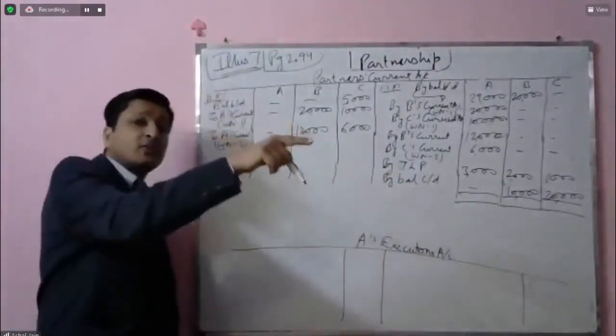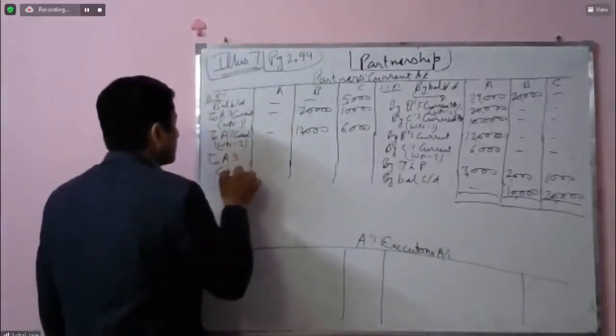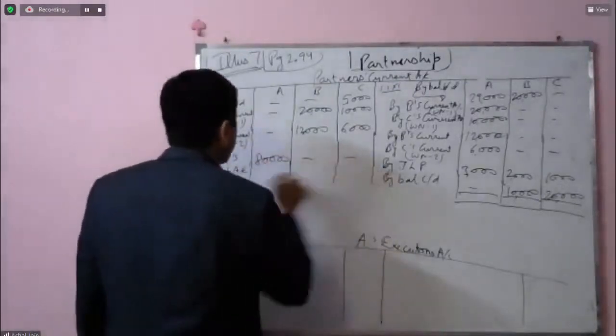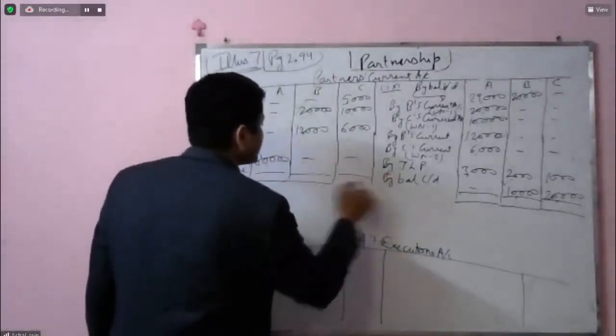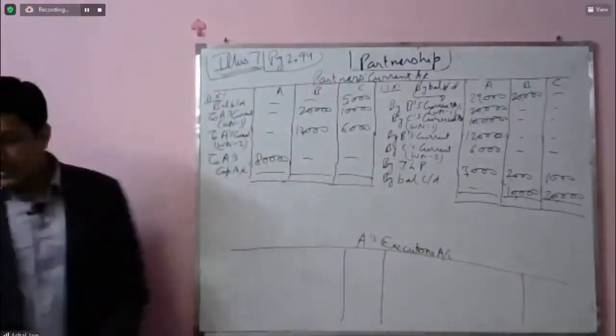This will be transferred to the capital account of A. Why? Because A is gone. To A's capital account. So the current account of A will get closed with this. Okay, current account of A is closed with this.